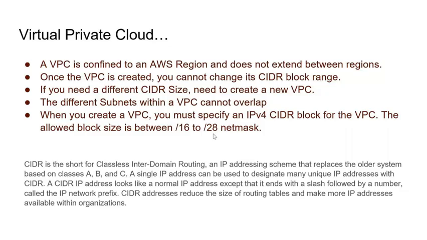So minimum 16 IP addresses you can create in a subnet. Out of 16, 5 are already reserved, so only 11 IP addresses you can use. That means minimum 11 servers you can create in each subnet. That is the meaning of /28, the minimum. And the maximum you can create is /16.